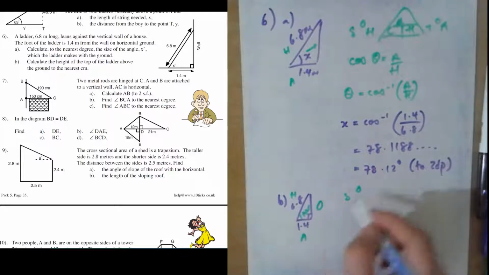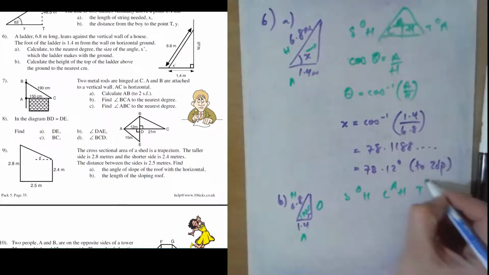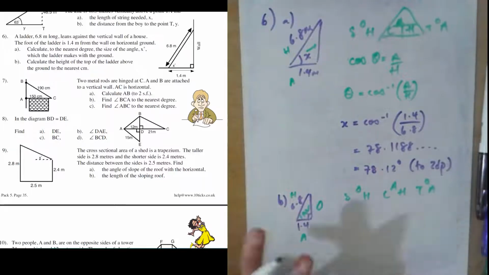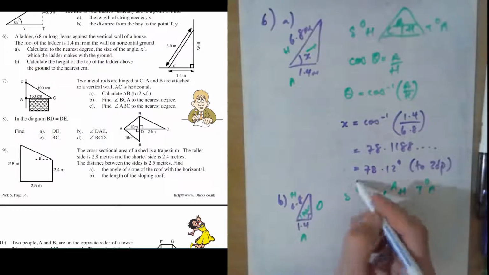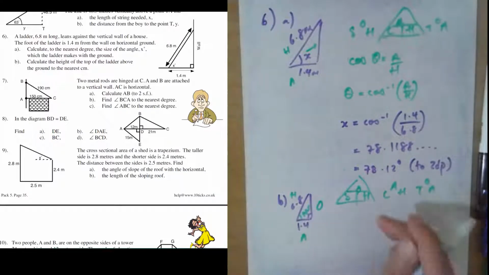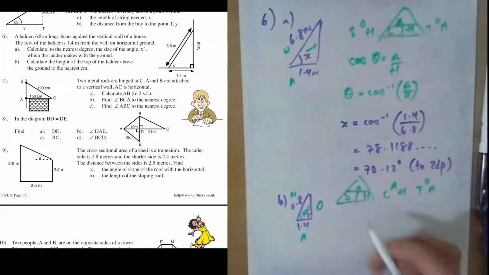Because I need the opposite, that means I can use, because I've got all 3 sides now, I can use sine or I can use tangent. It doesn't really matter which one I use, but I do need the opposite. So I'm just going to use sine in this case. So because it's the opposite, I need sine of the angle multiplied by h.